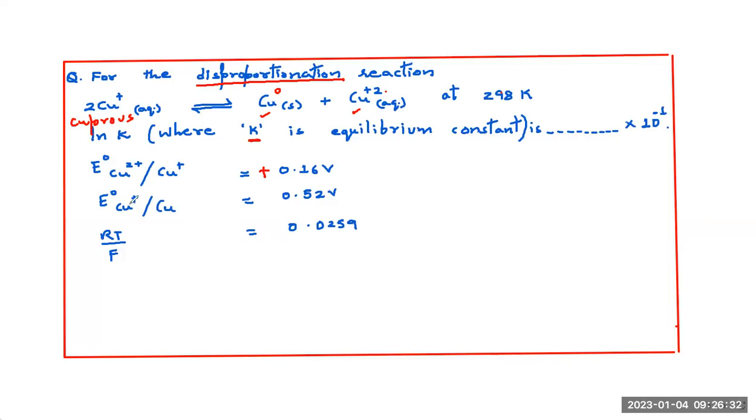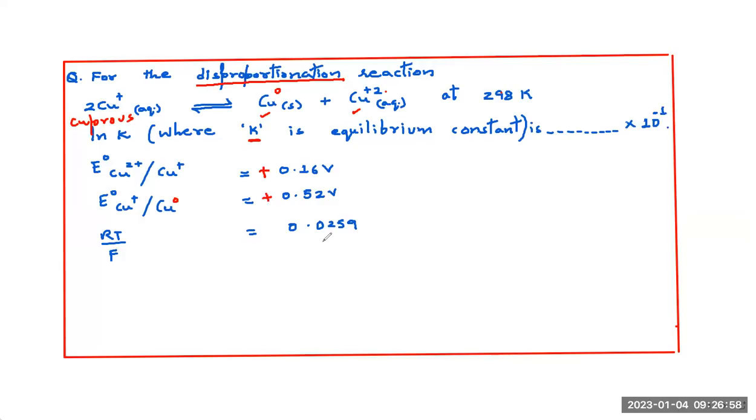And when cuprous gets reduced to copper, 0.52 is produced. They have further given us the ratio of RT by F, which we will need in the numerical, as 0.0259. So every information is provided in the question. This is a JEE question of 2nd September 2020, shift 2.